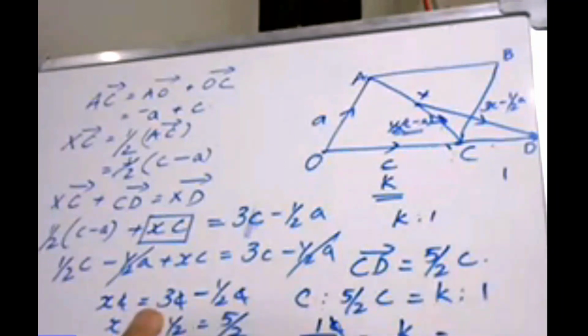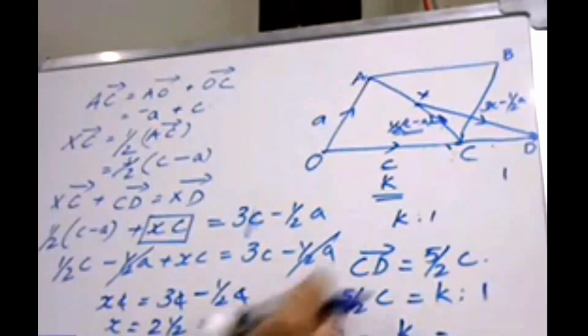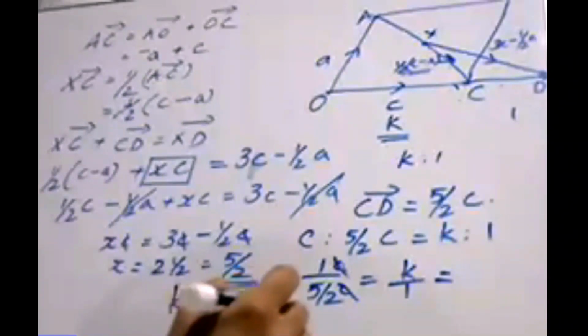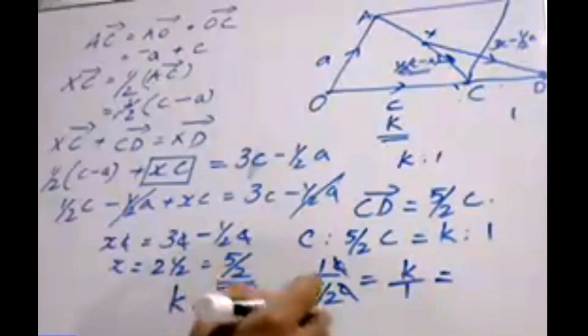C is in both numerator and denominator, so it cancels. So K is equal to 1/(5/2), which is 2/5. So you got the value of K as 2/5.